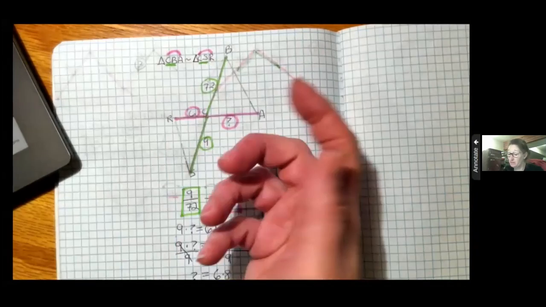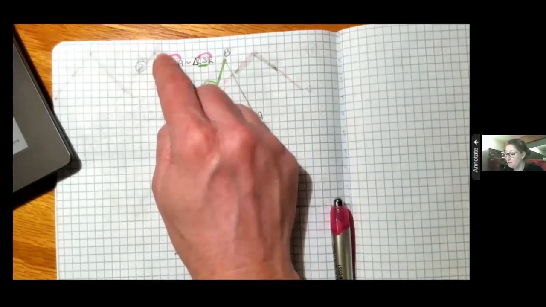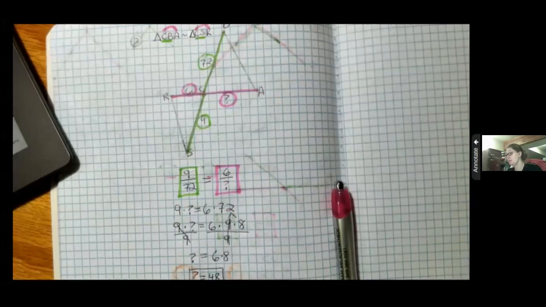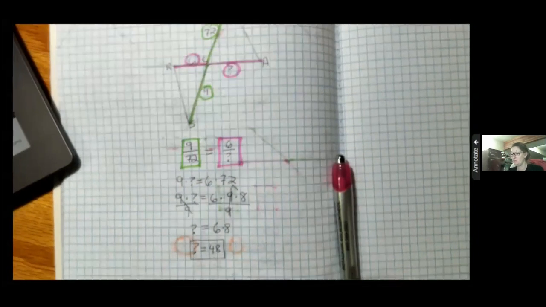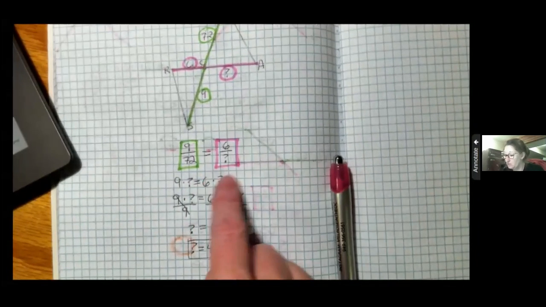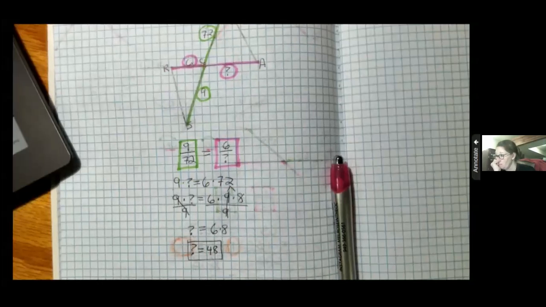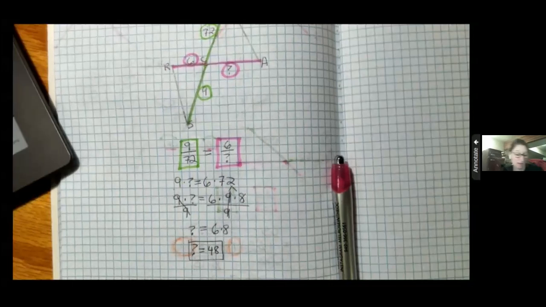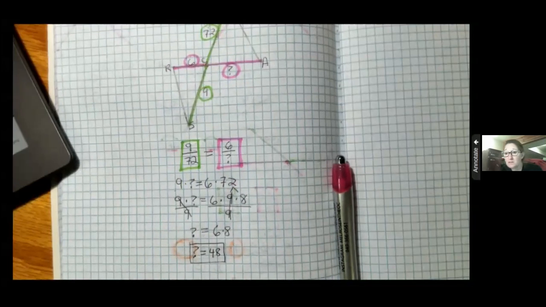Or you could do it backwards. You could say AC is to RC, okay? That's the biggest clue. And once you then set them up, it's just doing the math. Does that kind of help? Maybe.